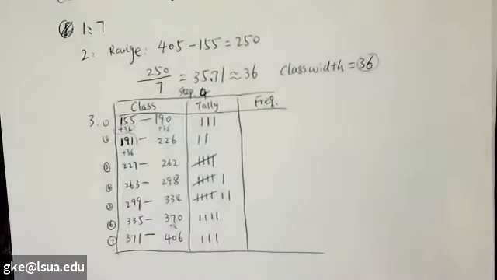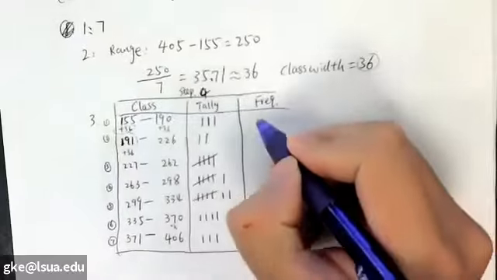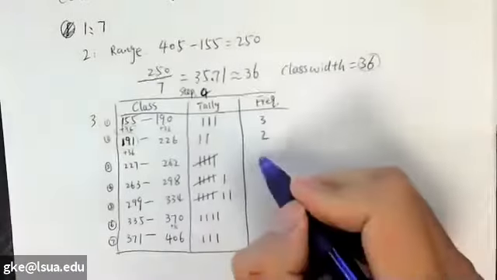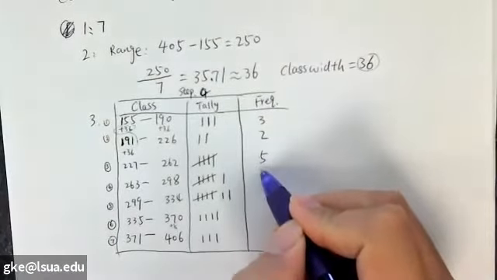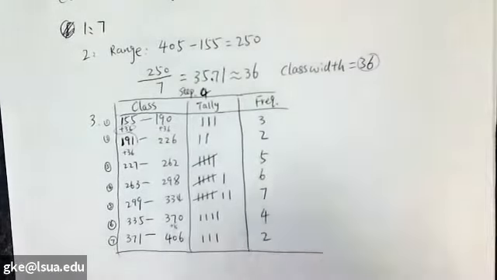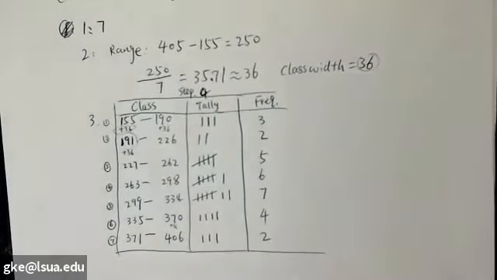And the first one, we have how many? It's 3, 2, 5, 6, 7, 4, and 2. Okay, 2.